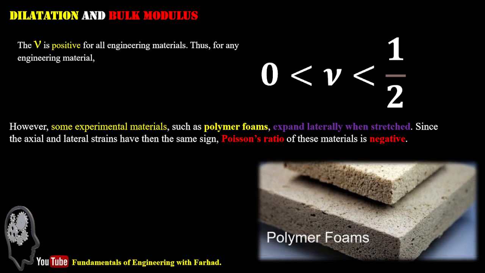That's a very weird one, and that gives us a negative Poisson's ratio for such a material. If you stretch it, it expands laterally as well. So there is a possibility that we can have a nu less than 0, but for most engineering materials, this is the domain of nu.